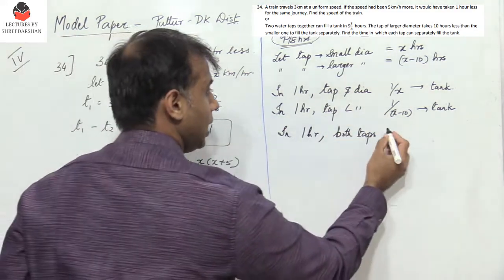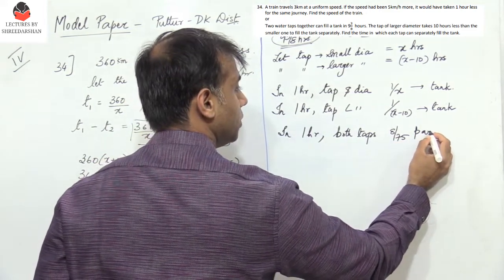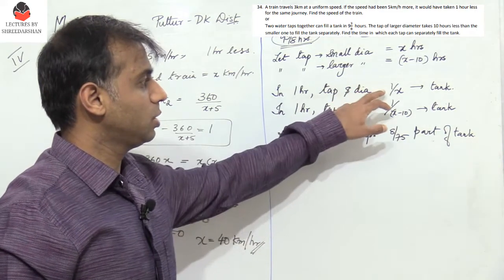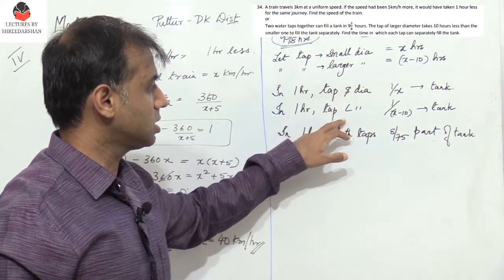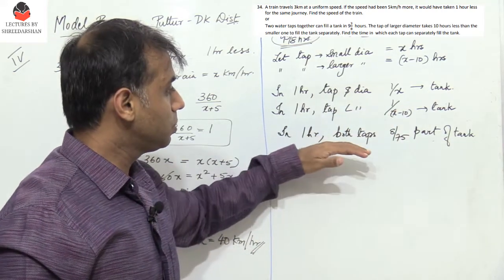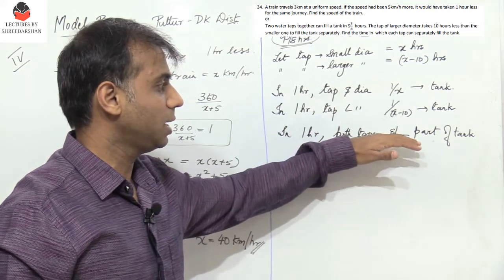It would fill 8 by 75th part of the tank. So in 1 hour, the tap with the smaller diameter would fill 1 by x, the tap with the larger diameter would fill 1 by x minus 10, but with both the taps in 1 hour it would fill 8 by 75 part of the tank.